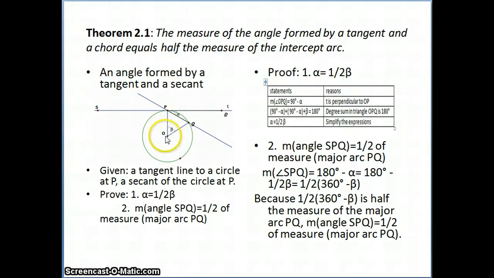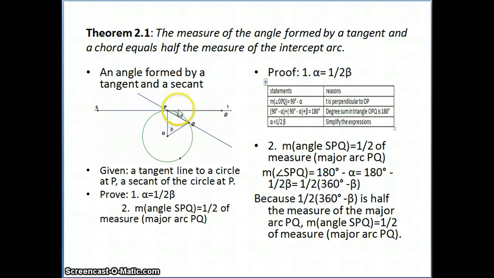Because we notice OPQ is a triangle, first I found this angle OPQ, which is 90 degrees minus alpha. The reason is that t is perpendicular to OP. That's the definition of a tangent to a circle.